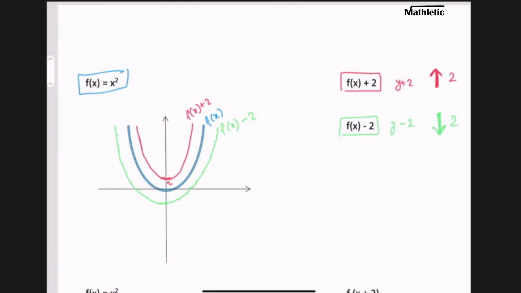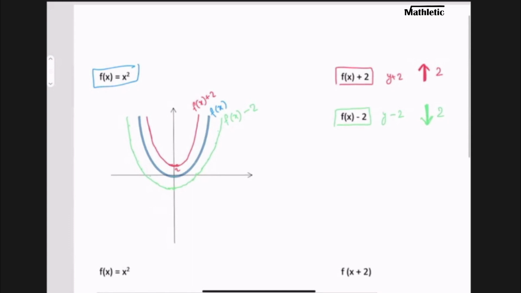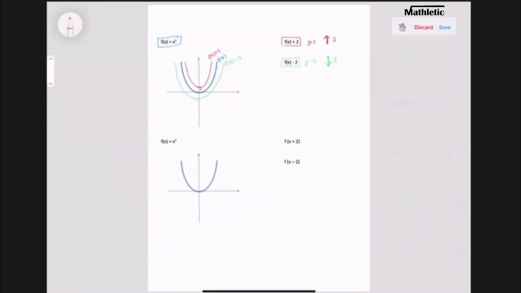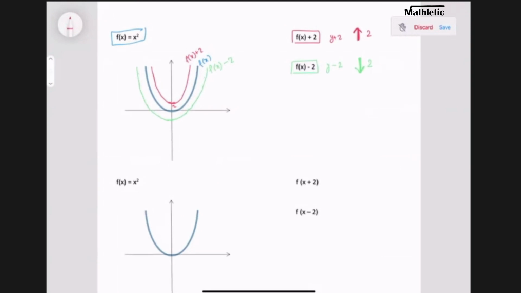Next, we will see what happens if we change the x coordinates, and how we know whether we are changing the x coordinate or the y coordinate. It depends on the position of the value. For example, f of x plus 2 as y plus 2, since f of x itself is the y, right?